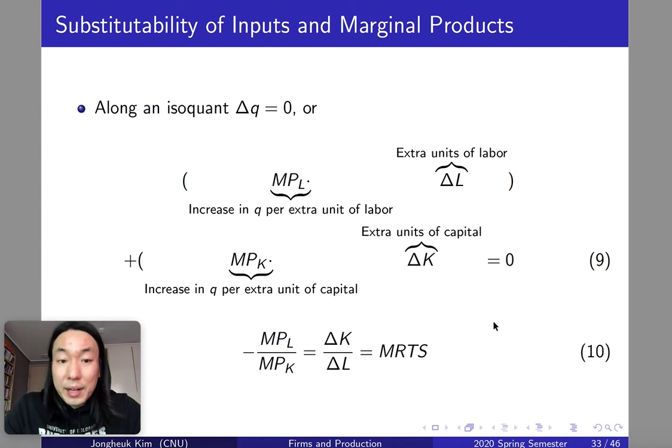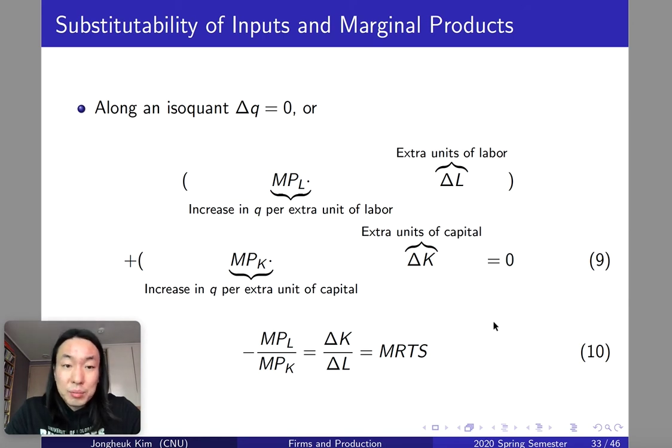So marginal product of labor means the marginal increase in the quantity of output because of an extra unit of labor. Okay, so if you increase the labor, for instance, which means delta L is positive, then there will be a positive MPL, marginal product of labor.